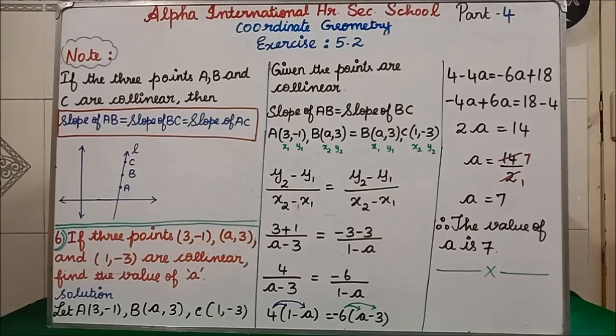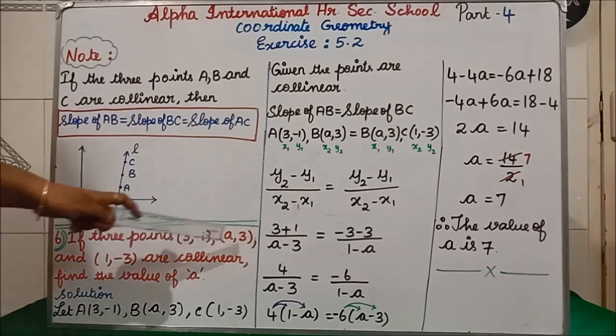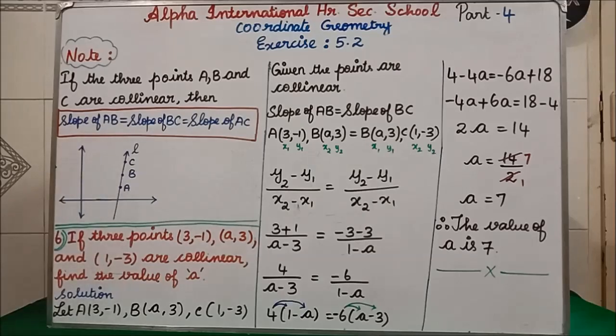So, if you get the same answer on both sides, you write that therefore the given points are collinear. Suppose you do not get the same answer on both sides, then you have to write the given points are not collinear. Clear the difference? Students, in the exam they give 3 points and ask you to find whether they are collinear.